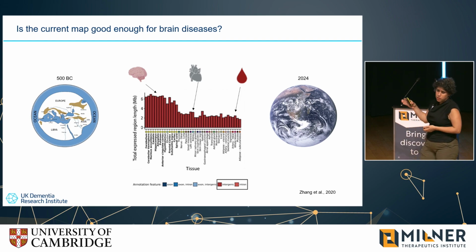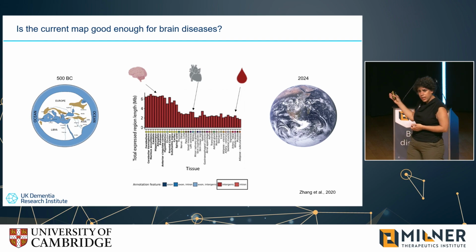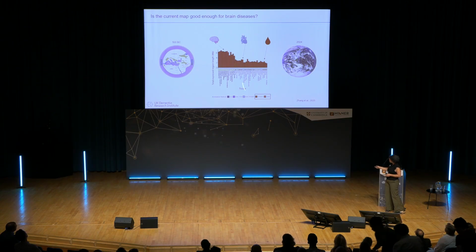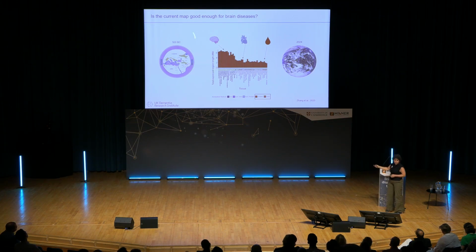And if you order tissues by the amount of intergenic or intronic transcription, what happens is that the tissues on this x-axis, all of these yellow tissues, are brain tissues. So we have all this expressed intergenic transcription going on, which we haven't really characterized. So we've not got a very good map for the brain.